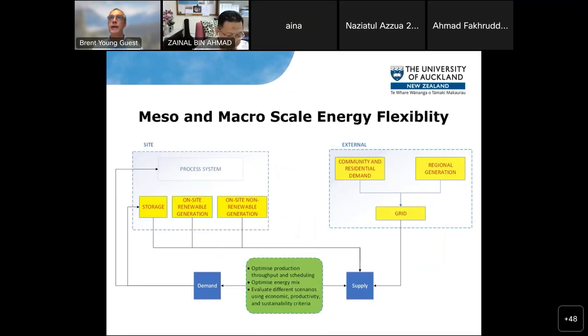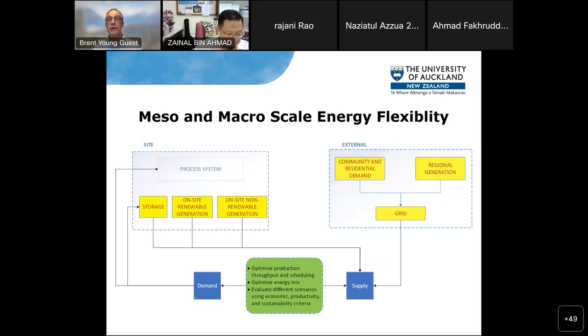We also have, at the largest, so that's right at the plant scale, at the largest scale, we are looking at energy flexibility. So this is actually both at the site scale, but also beyond, at the linking to the grid and to the community.